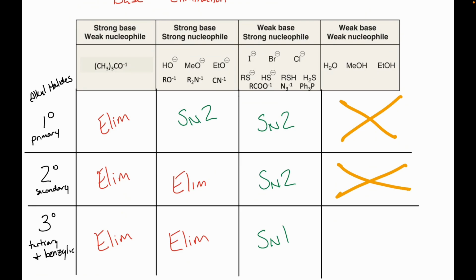But there's this competition where you're going to get a 50-50 mixture of your SN1 product and your elimination product. So weak bases and weak nucleophiles, things that are bad at both, don't react with primary or secondary alkyl halides, but they will react with tertiary and benzylic alkyl halides. And there will be an appreciable amount of both your substitution and your elimination product.